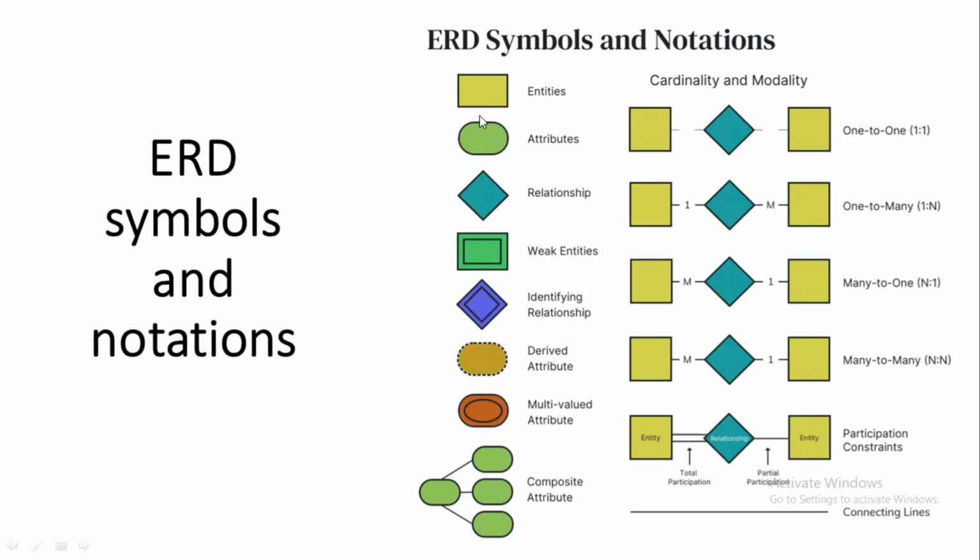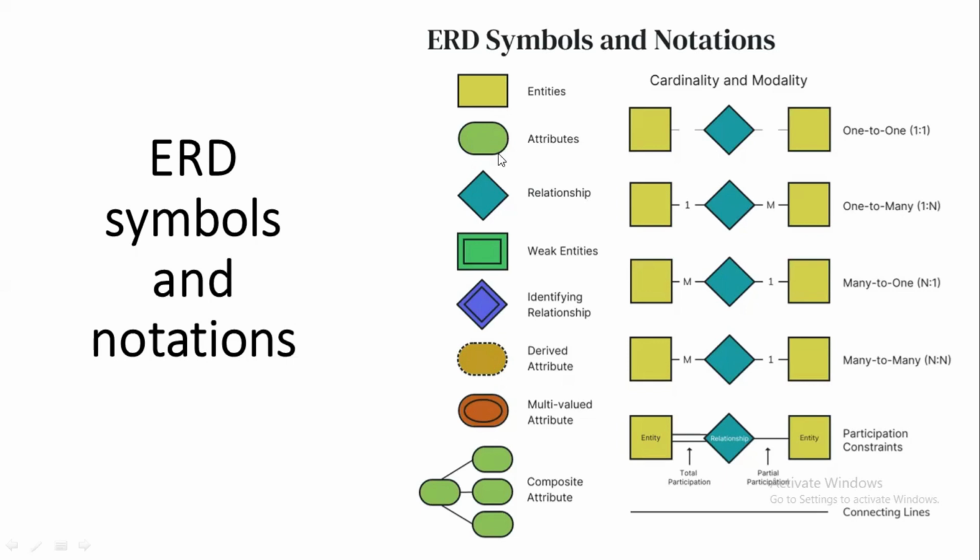The next thing is attributes. The attribute is represented by the oval shape. Attributes are the data we collect about the entities, and an attribute may be a primary key, which we underline, and which uniquely identifies each instance of the entity.